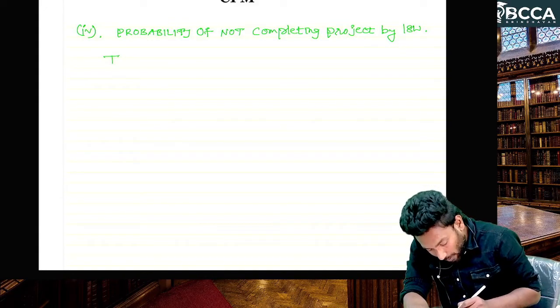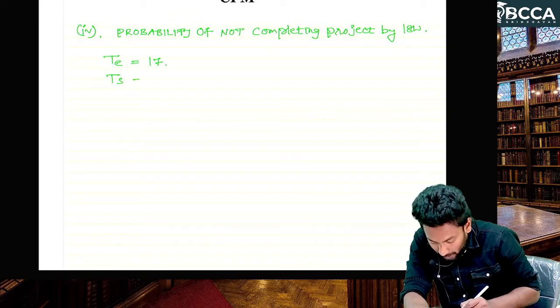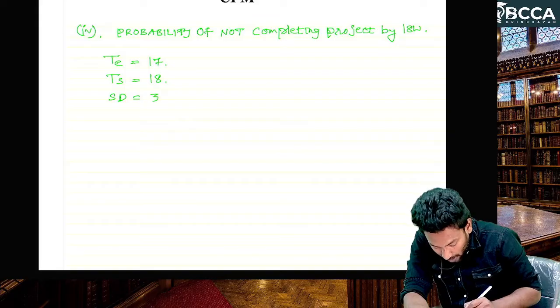Now our expected time is equal to 17 weeks, our stipulated time is equal to 18 weeks, and our standard deviation is equal to 3.